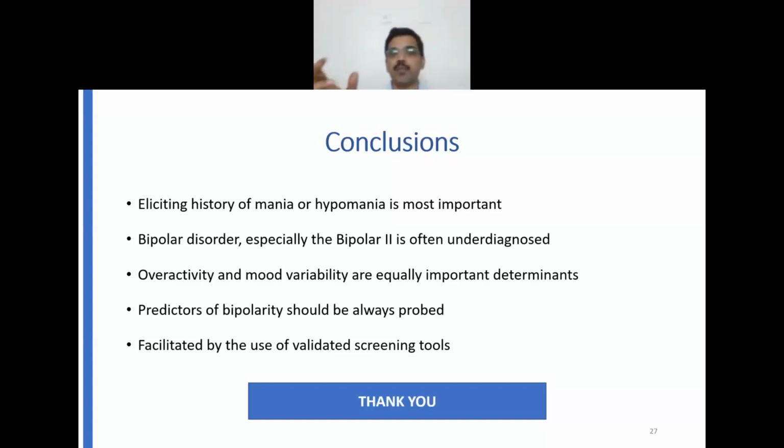The predictors of bipolarity should always be probed: whether there are seasonal affective features, whether there is postpartum onset, whether there is atypicality in the presentation. And this can further be facilitated by the use of validated screening tools.